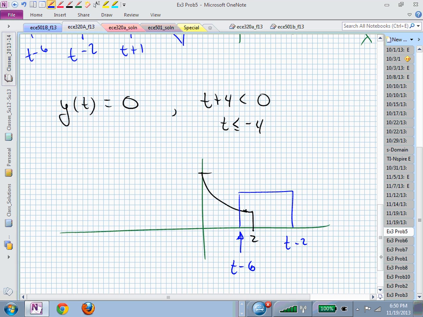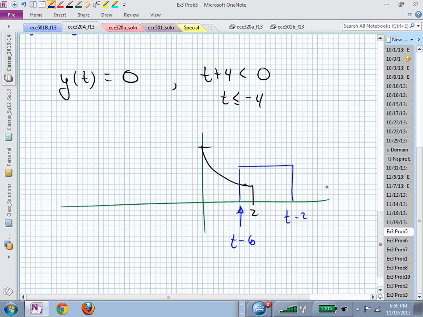And we have this other piece that I don't even need to worry about because it's long gone relative to any contribution to the output because it does not overlap with our impulse response at this point in time.